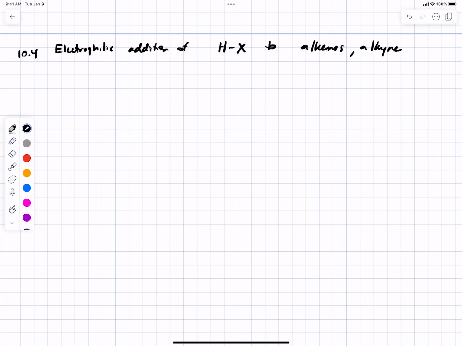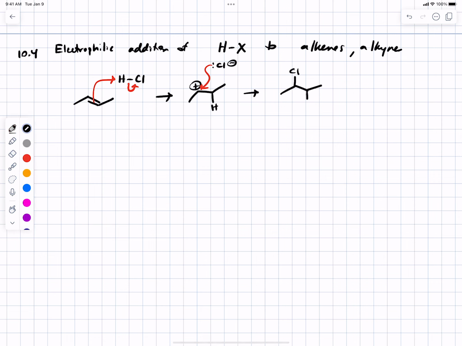Your standard mechanism here is: add HCl, the pi bond attacks the HCl sigma star to give you a carbocationic intermediate, which then Cl comes in and attacks to give you the corresponding chloride.